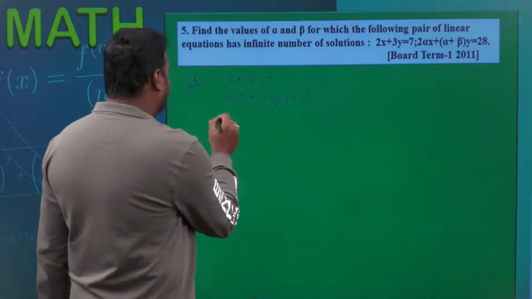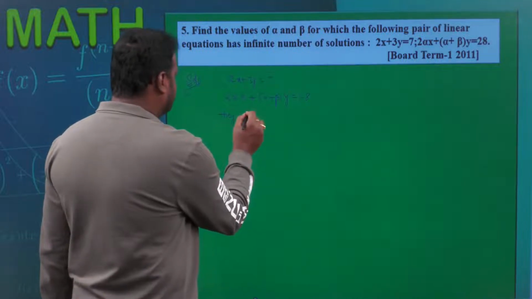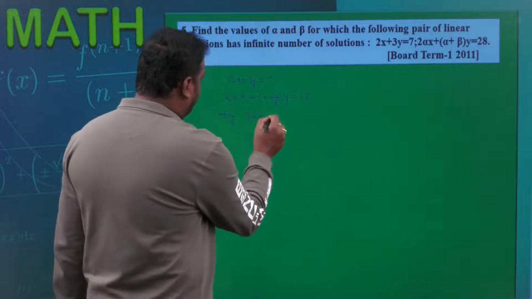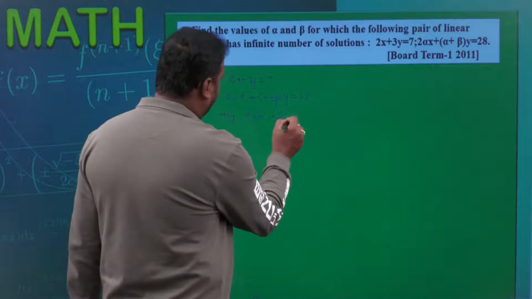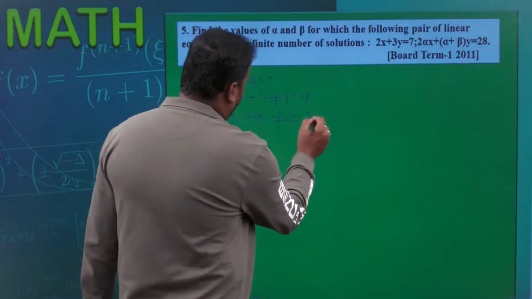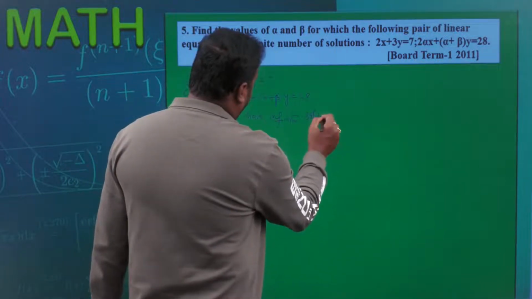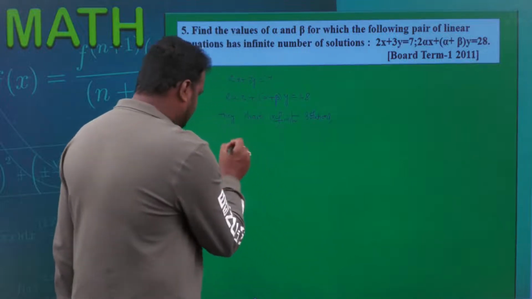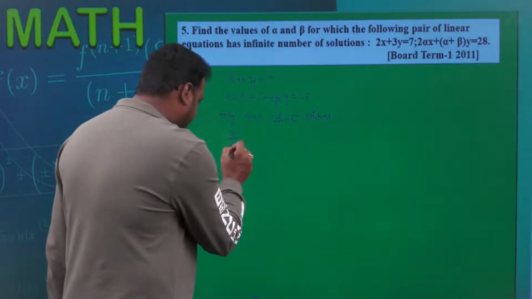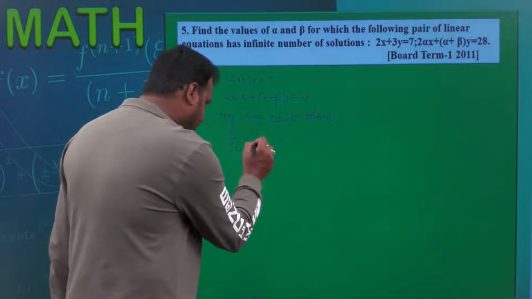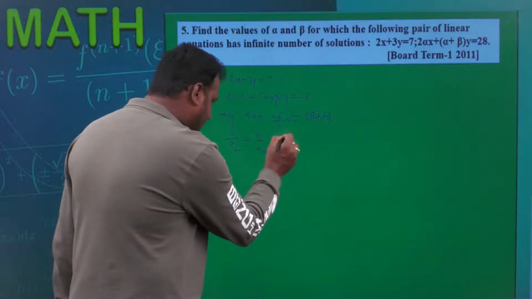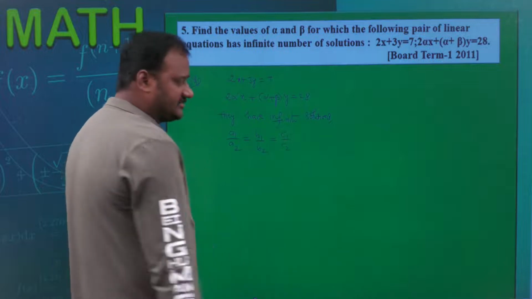Since they have infinite solutions, a1 by a2 is equal to b1 by b2, which is also equal to c1 by c2.